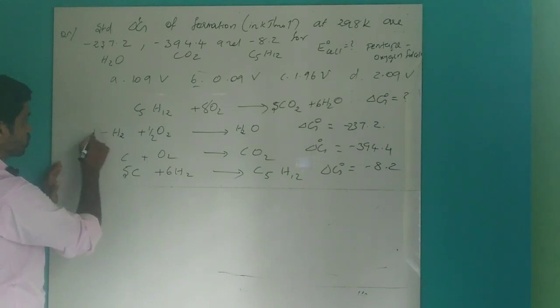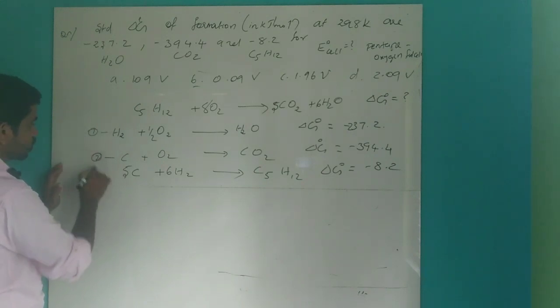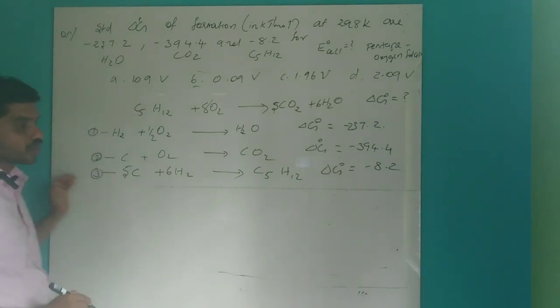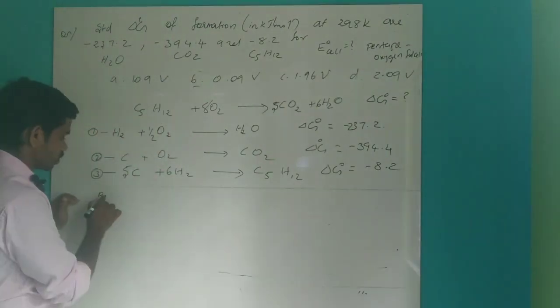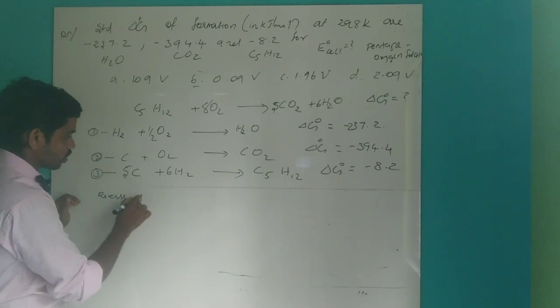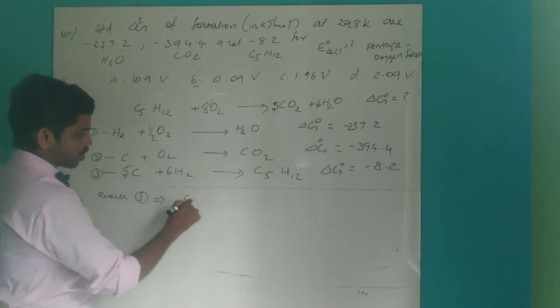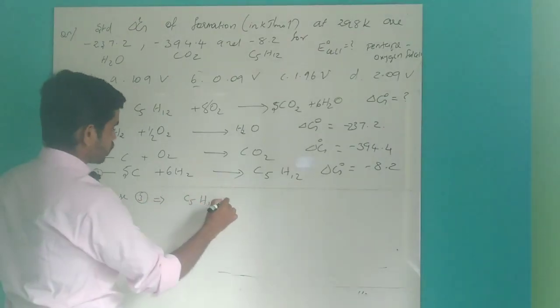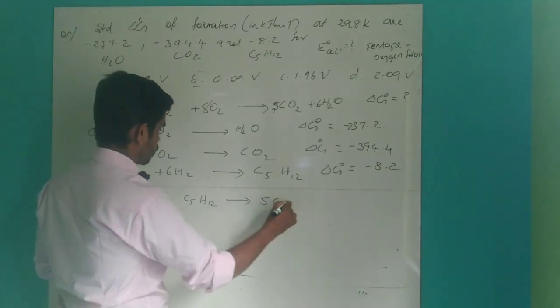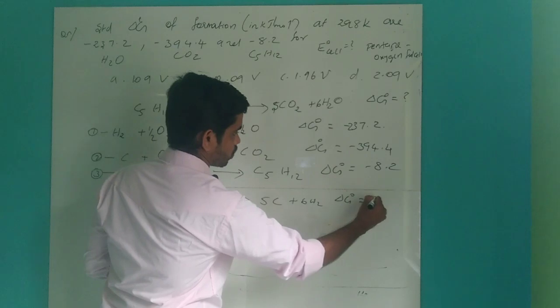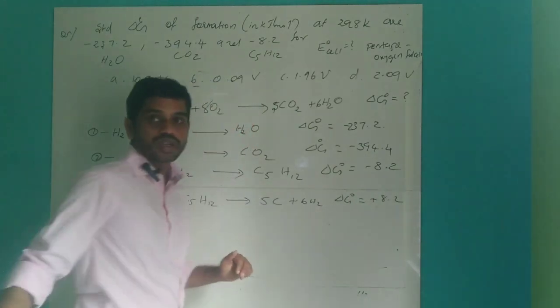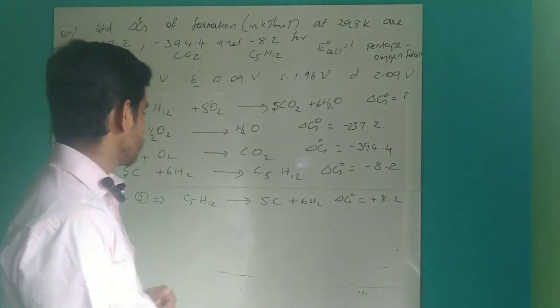I am taking this as equation 1, this equation 2 and this is equation 3. So first you have to reverse the third equation. That will give C5H12 gives 5 carbon plus 6H2. Delta G0 will be plus 8.2 kilojoule per mole.